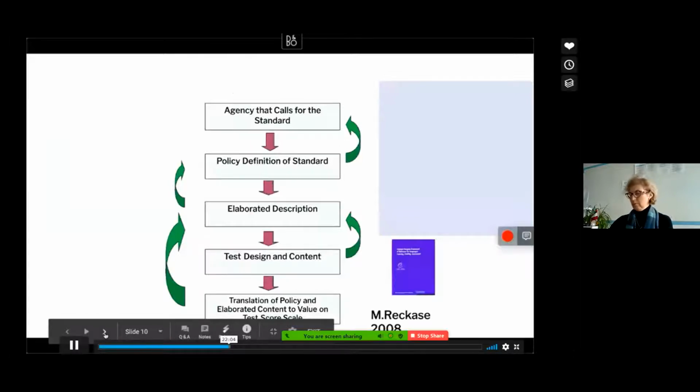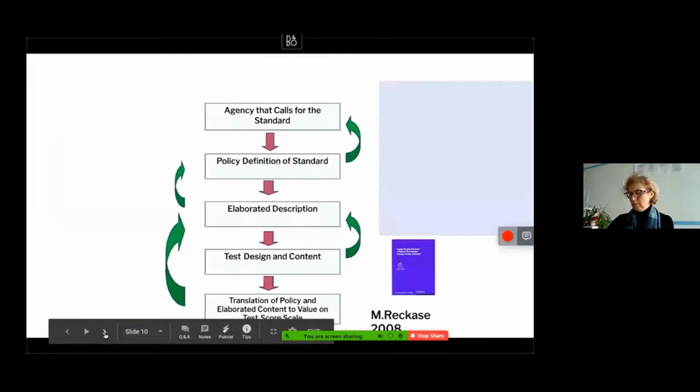But if we leave a bit the high stakes system where exams are standardized and clearly related to standards or benchmarks or levels, it is worth remembering, what do we do at schools? In fact, at schools for many years, I would say centuries, what we have been doing is decide on an agency that calls for a standard.